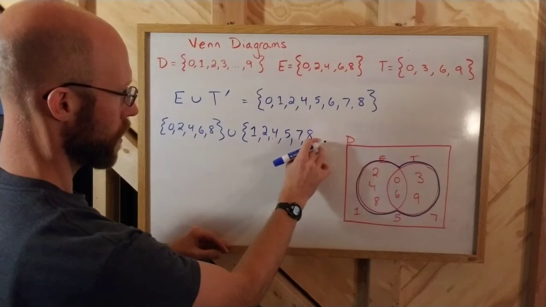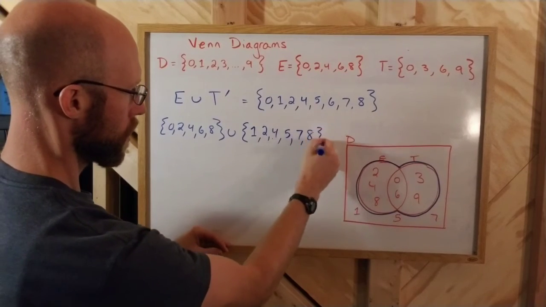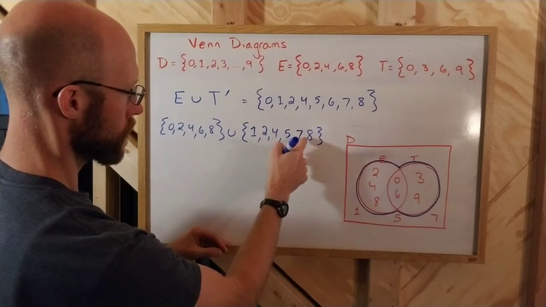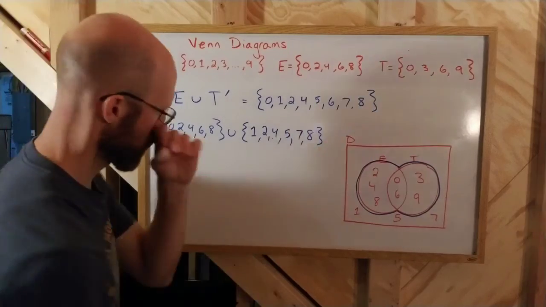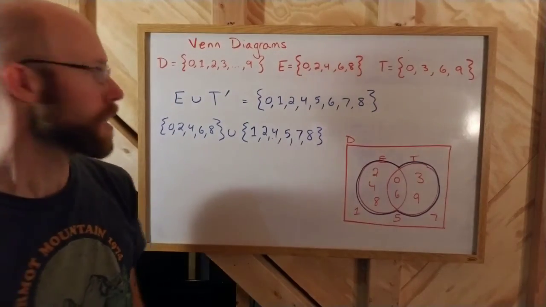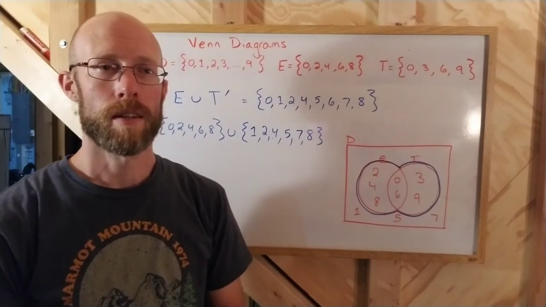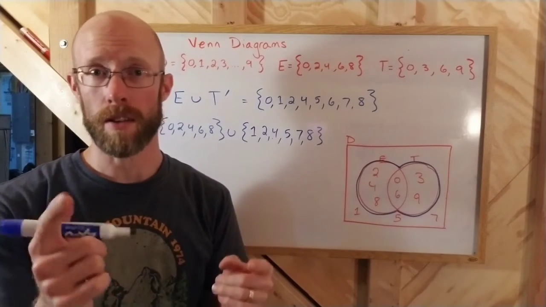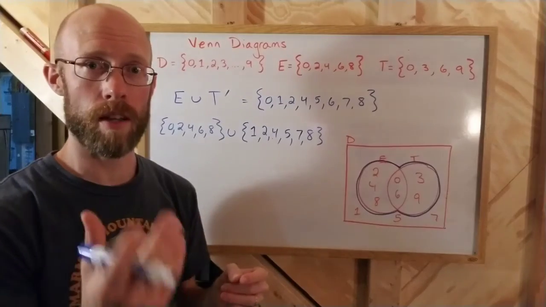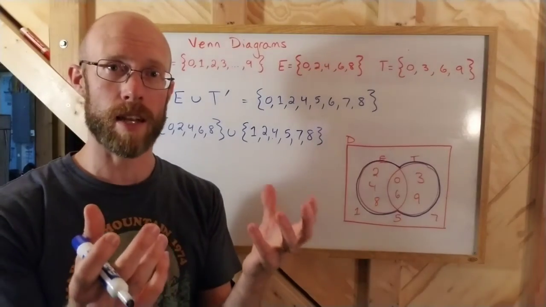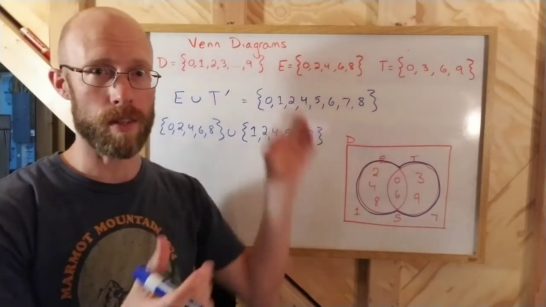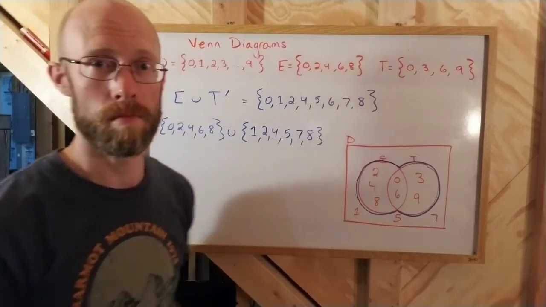Okay, it should be 10 total. That's right, 6 here, 4 there. So the sum of the cardinalities is kind of interesting. The cardinality of a set and the cardinality of its complement add up to the cardinality of the universe. They should.